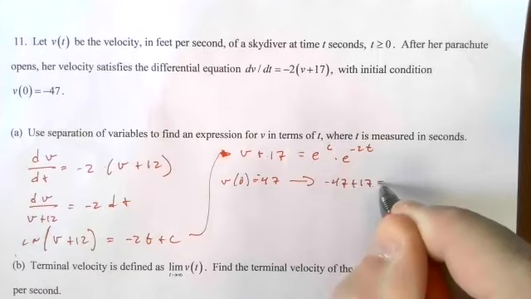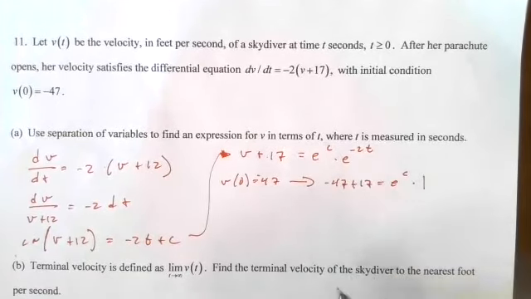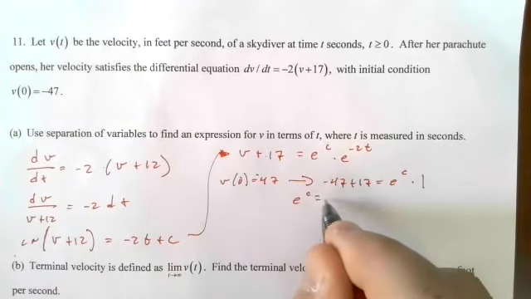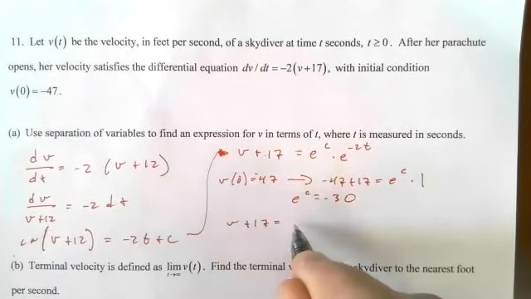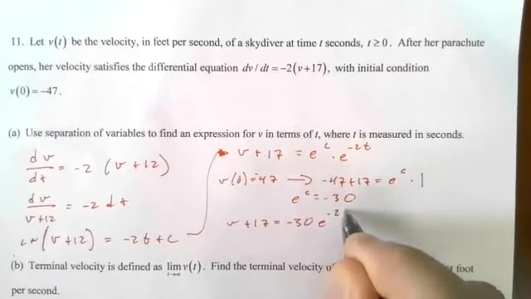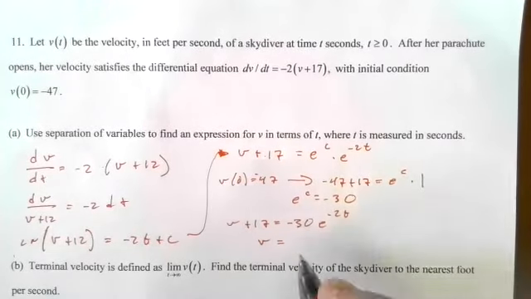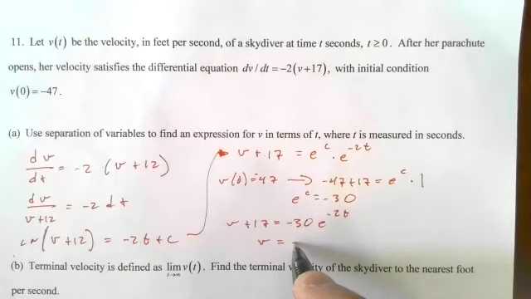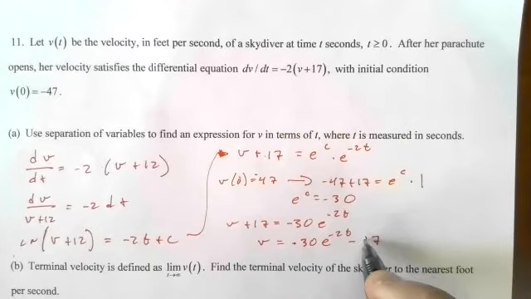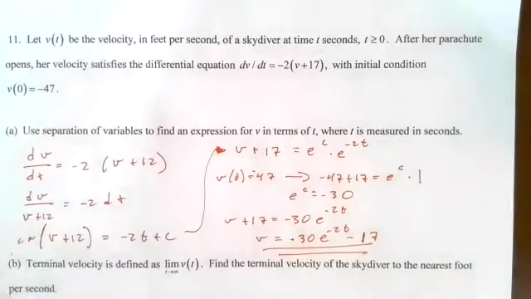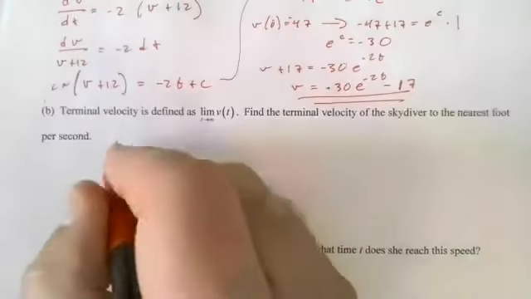Negative 47 plus 17 equals e to the c times 1. Love that initial condition. e to the c equals negative 30. Therefore, v plus 17 equals negative 30 e to the negative 2t. v equals, I guess we'll put it at the end this time, negative 30 e to the negative 2t minus 17. Sometimes we're putting the negative 17 out front, sometimes in the back. Make up our mind.